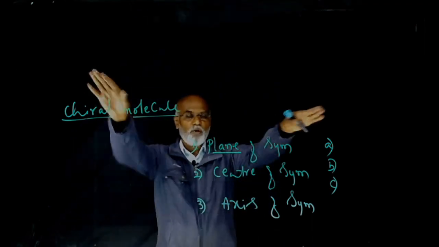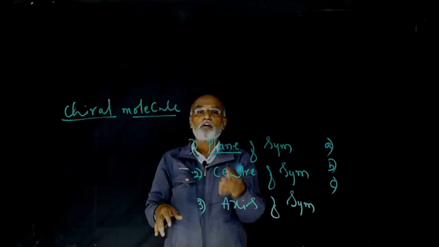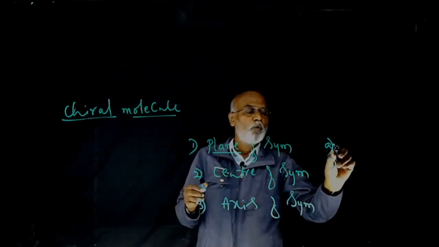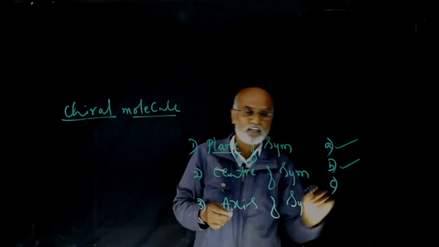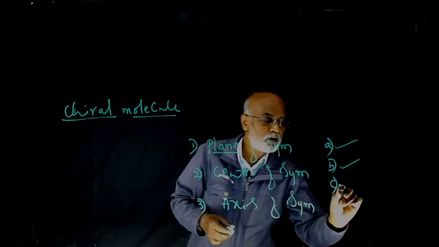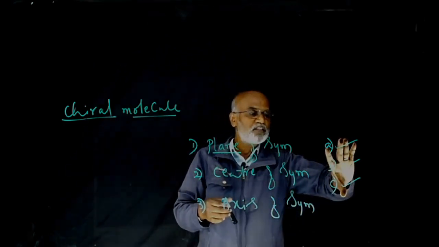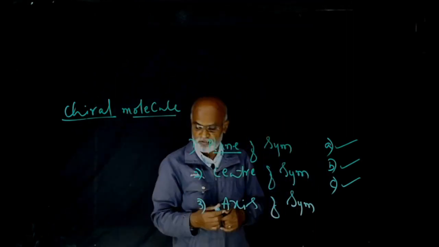When we place the two halves one over the other, the identical groups should not sit one over the other. When these three conditions are satisfied, we say that the molecule has a plane of symmetry.